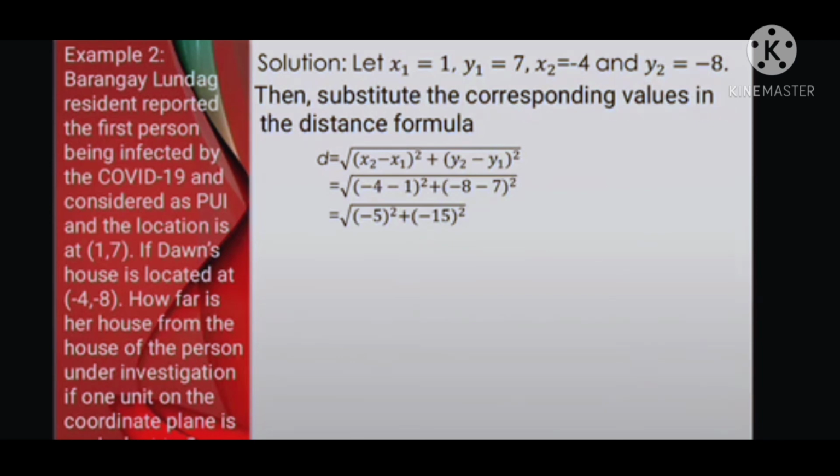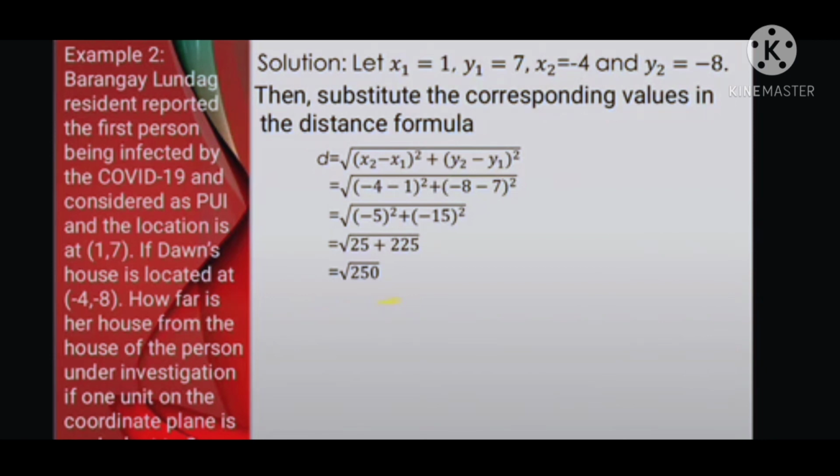So negative 15 squared. Then simplify, negative 5 squared is equal to 25 plus negative 15 squared is equal to 225. So that will become square root of 25 plus 225. Then simplify, 25 plus 225 is square root of 250. By using your calculator again, just input square root of 250.